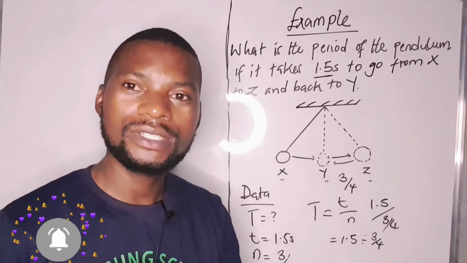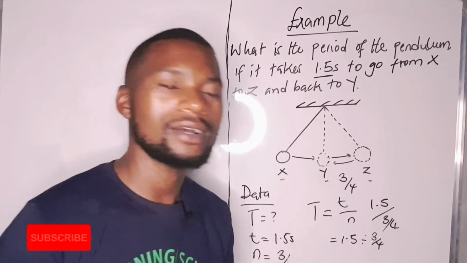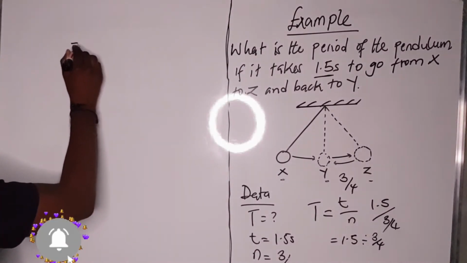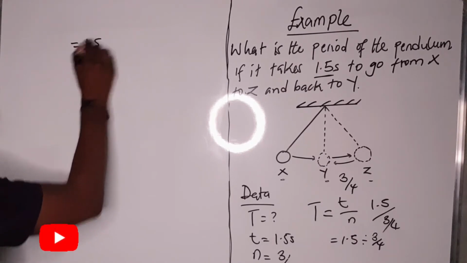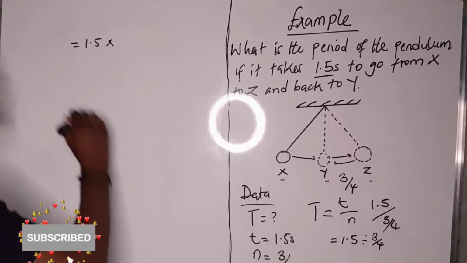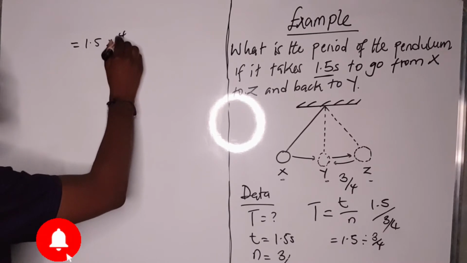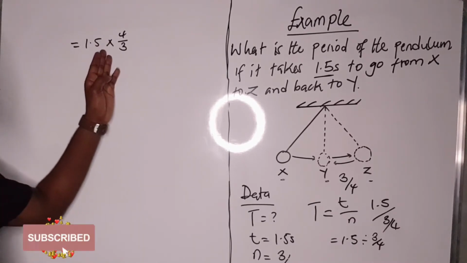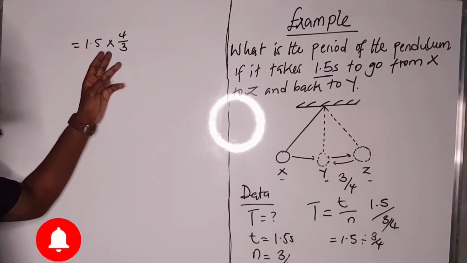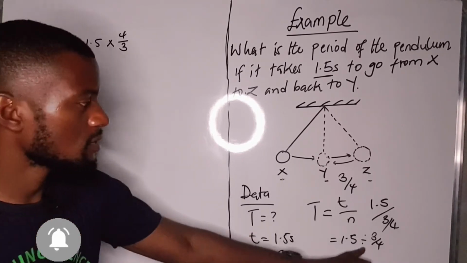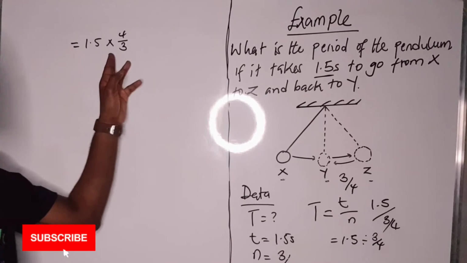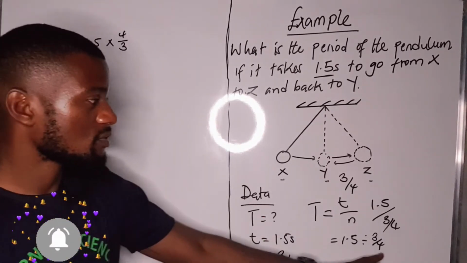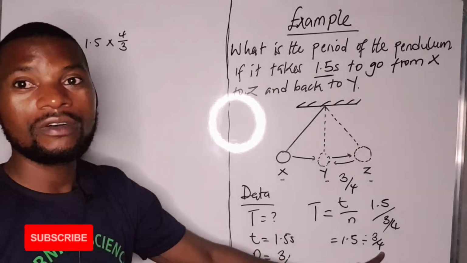In a situation where you are not using the calculator, you say 1.5 times 4/3. What we have done here is change the division sign to the multiplication sign. When you put the multiplication sign here, you write the reciprocal of 3/4.